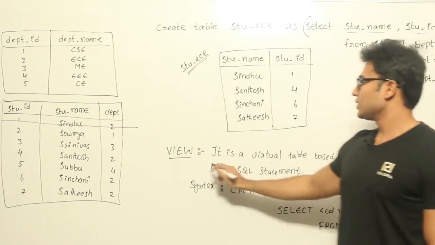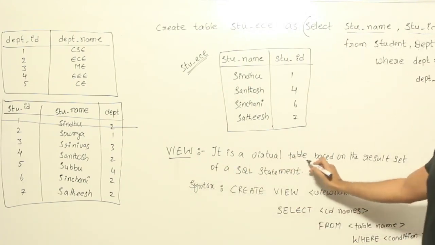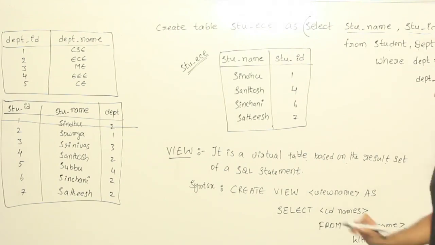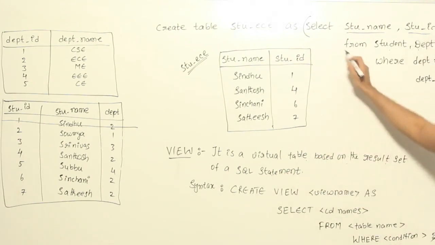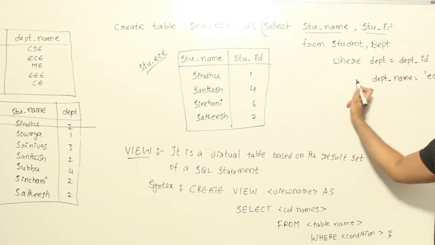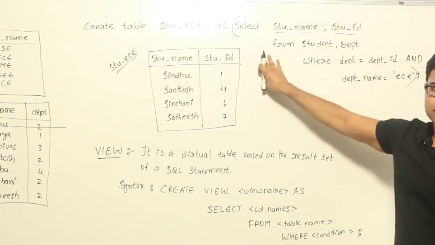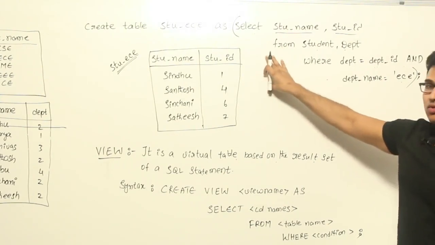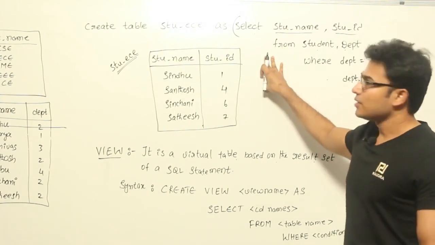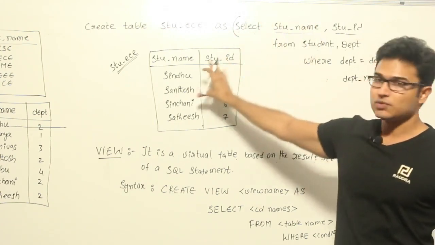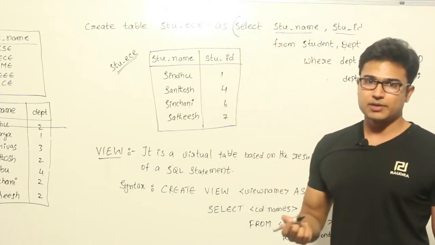A view is a virtual table based on the result set of a SQL statement, which means we are going to get some SQL statement. From that you get a table, but it is not saved statically. Every time you want to see it, it is executed again, and the new table is prepared, right?